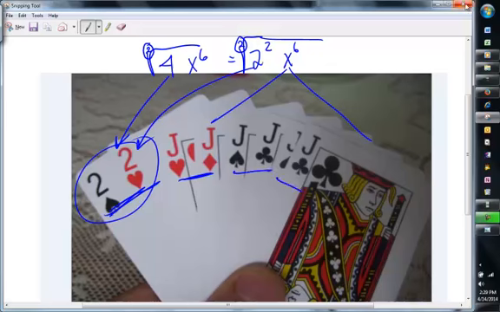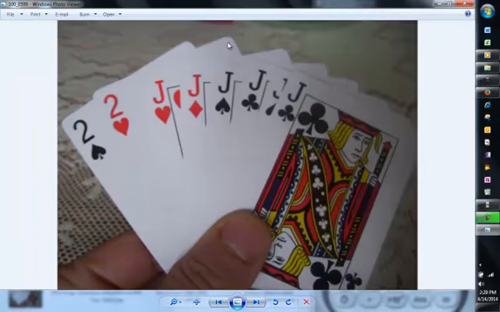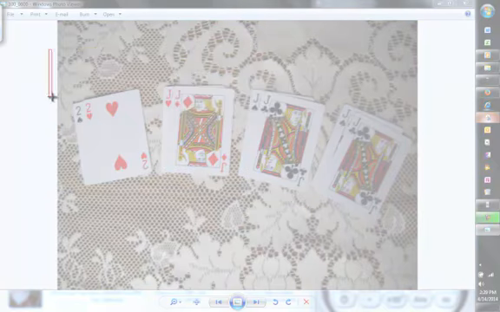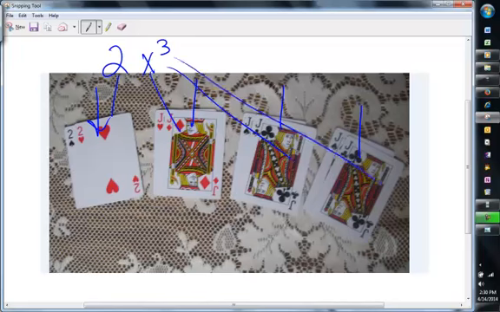And so when we get done, we can lay them down, and we would have 2x to the 3rd. A pair of 2's and 3 pairs of jacks, or 3 pairs of x's.